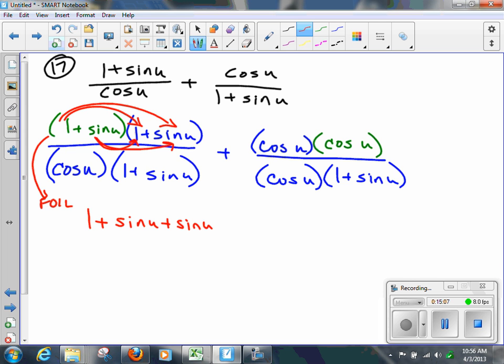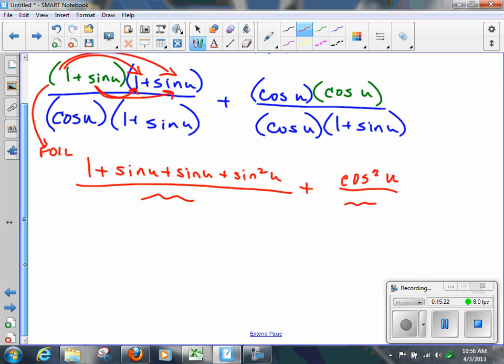Sine times sine is what? Sine squared over all that stuff. Plus what? What's cosine times cosine? Cosine squared over all that mess, right? Now, what else do you see? Which becomes what? 1 plus 2 sine u plus sine squared u.